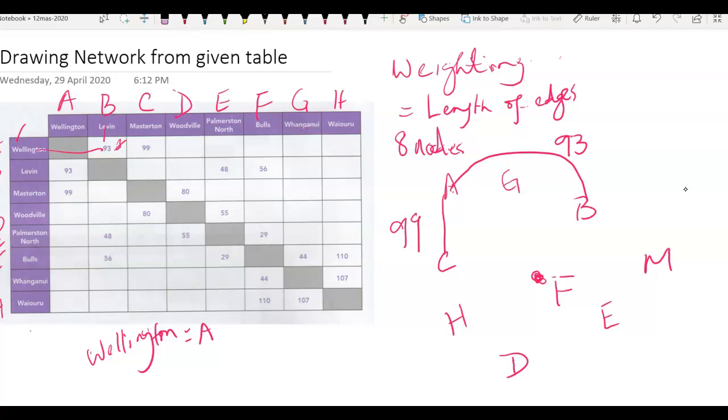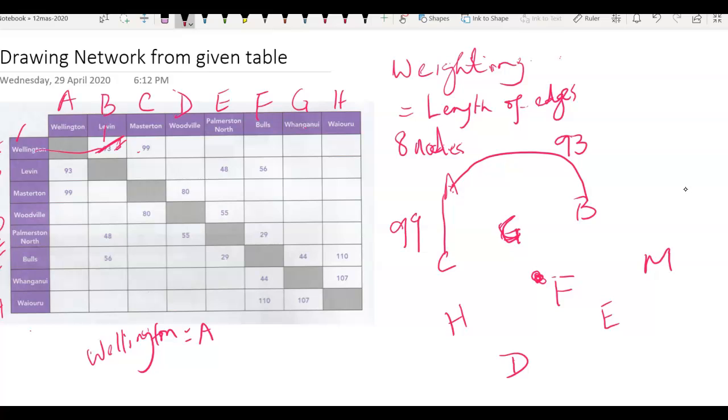Since I have a little problem with G, I can simply erase G and put it somewhere else. G is connected to two of those. Let me shift G somewhere over there. It might solve my problem. So you need a pencil and eraser, right?